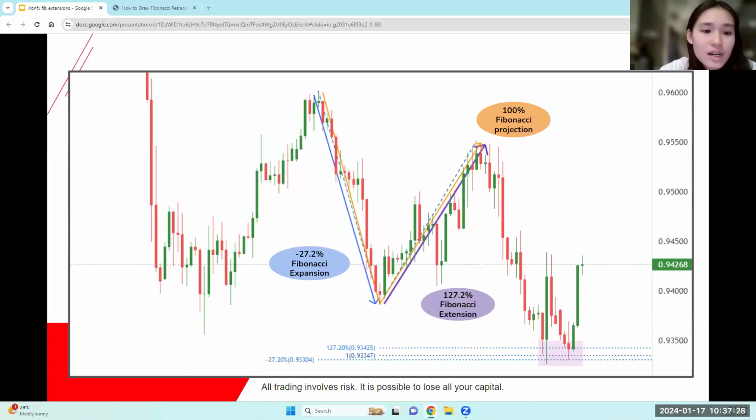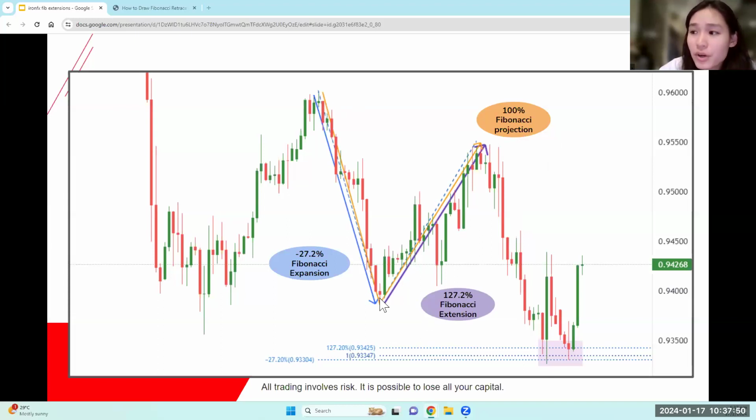Okay, this is our last example. In this example, we have the minus 27.2% expansion, which is the blue arrow. That lines up with our 100% Fibonacci projection, which is the lightning bolt shape.